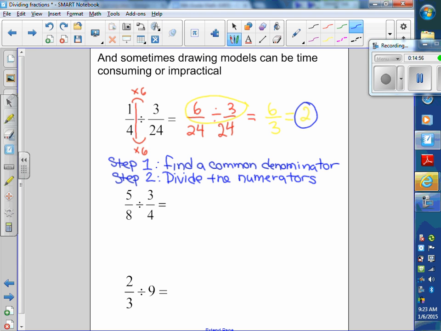So, common denominator here is going to be what, Jennifer? What number do both of these go into? Not factor, but not what's their common factor, but what's their least common multiple. Does 8 go into 4? Nope. A little higher.